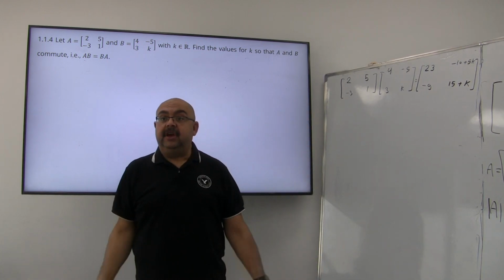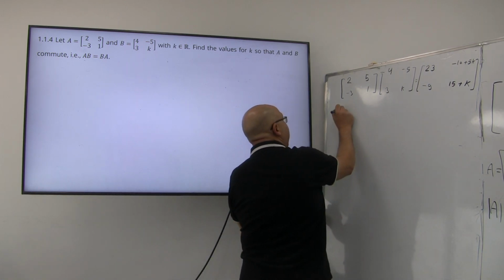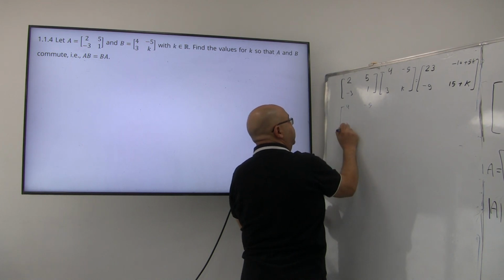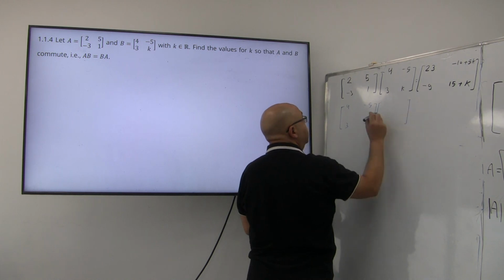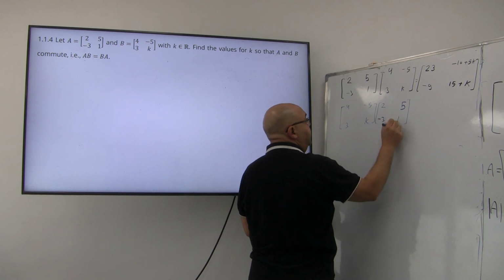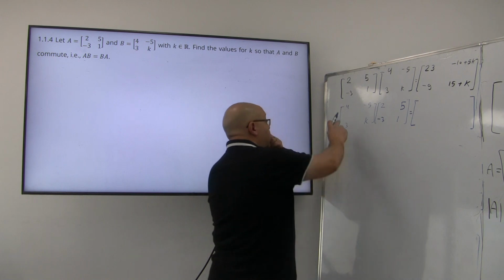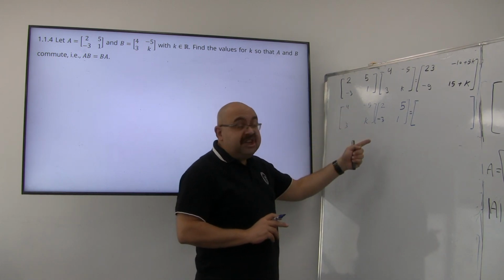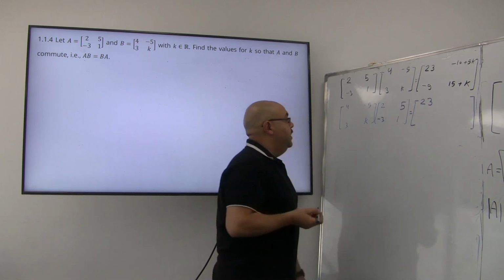Okay, now I'm going to switch them. So I will have [4, -5; 3, k] multiplied by [2, 5; -3, 1]. The result: 4 times 2 is 8, plus 15, you end up with 23.